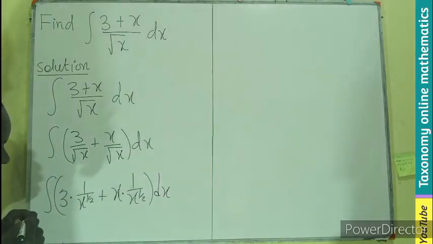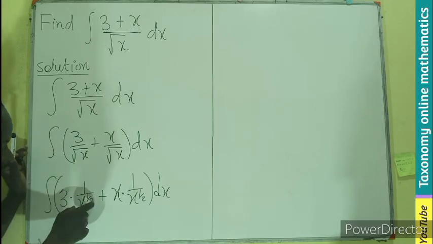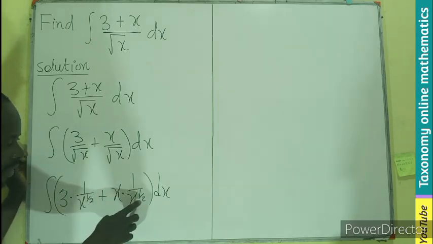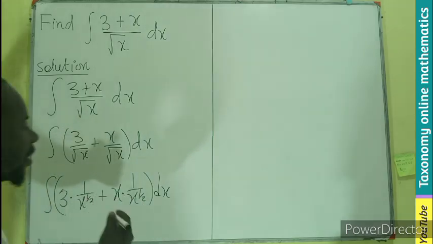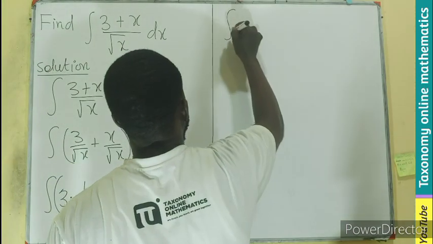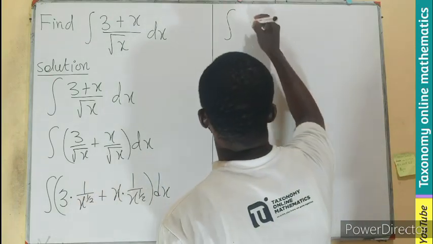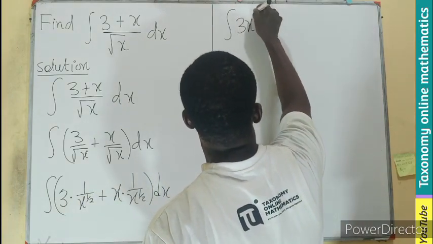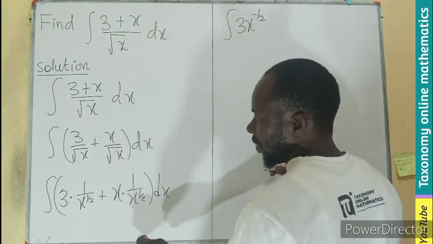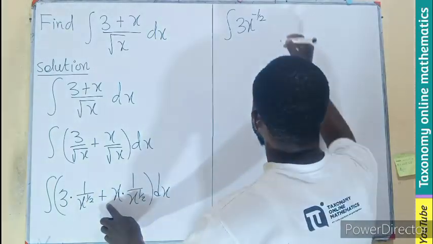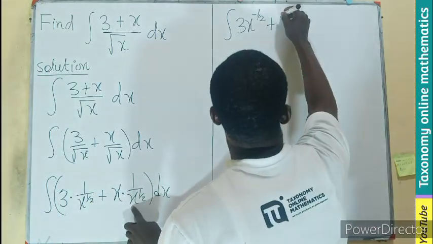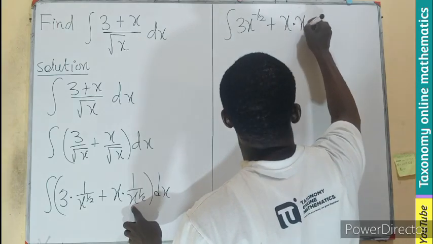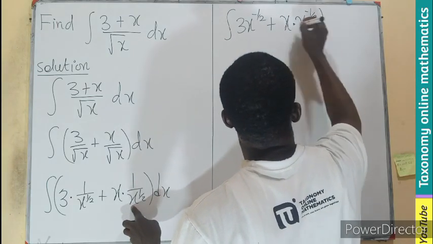Then 1 over a term with an exponent gives you a negative exponent. So I'll have the integral of 3 times x exponent negative half, plus x times x exponent negative half.